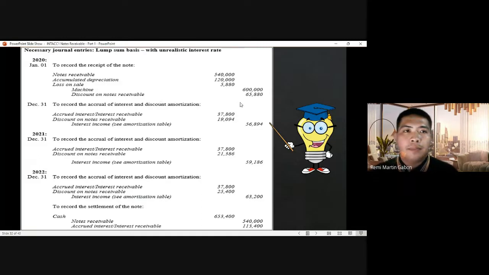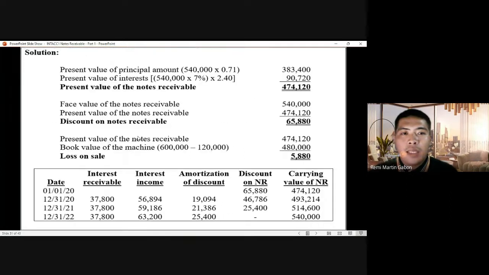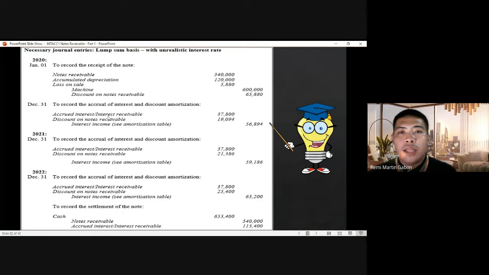Then to record the accrual of interest and discount amortization, we just follow the amounts in the amortization schedule. What we debit to accrued interest or interest receivable is a fixed amount of 37,800. As you can see, in 2020, 2021, and 2022, we have a debit of 37,800 to accrued interest.